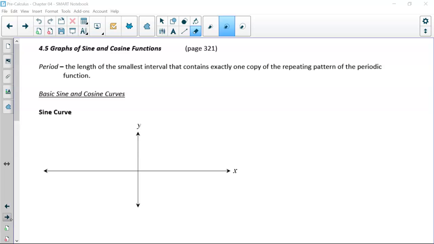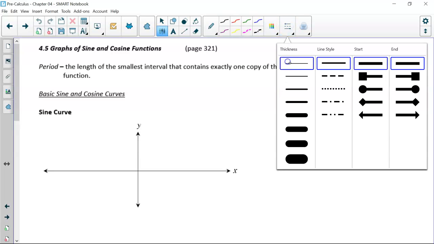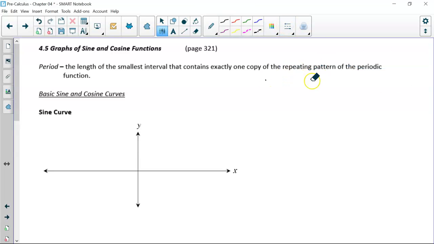So now, when we graph the sine function from the unit circle, if we think about our key points, we have our values for theta, and then our values for the sine of theta. When theta is 0, our sine is 0.